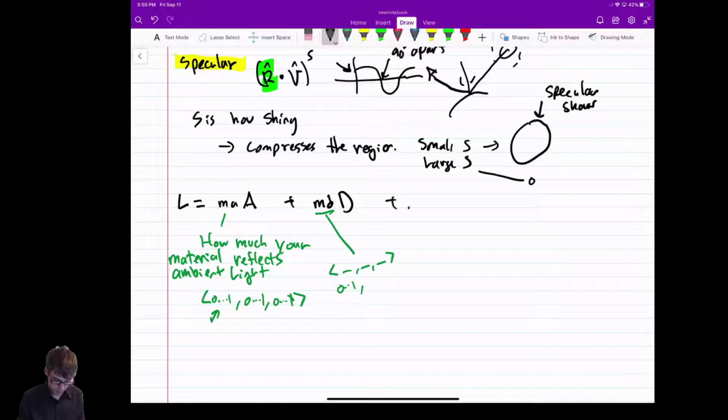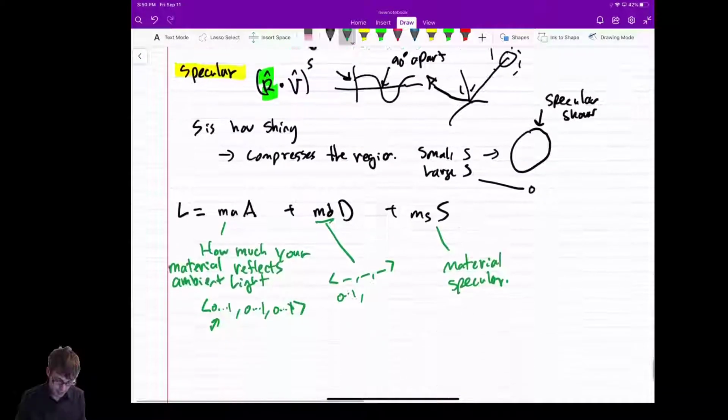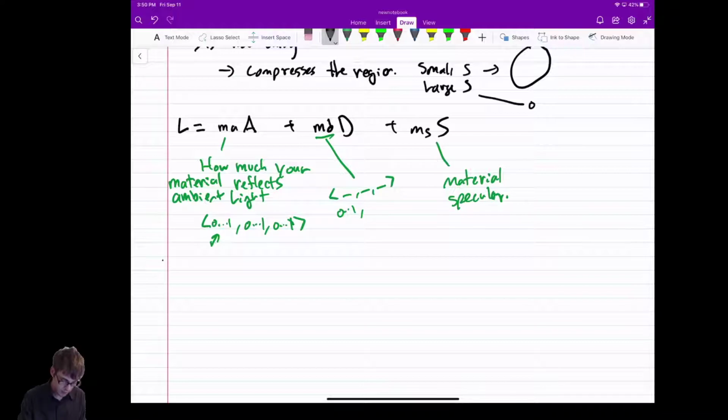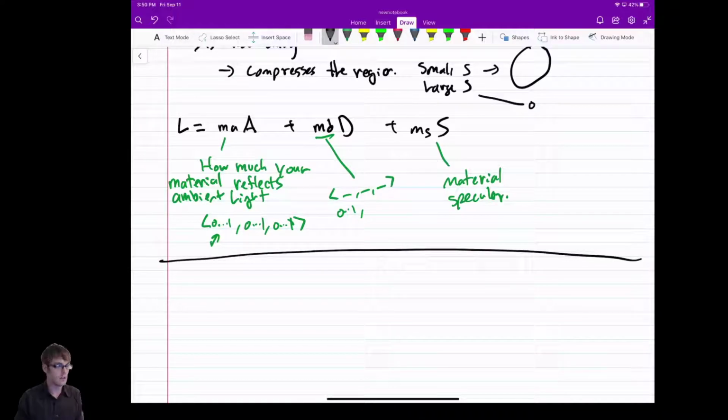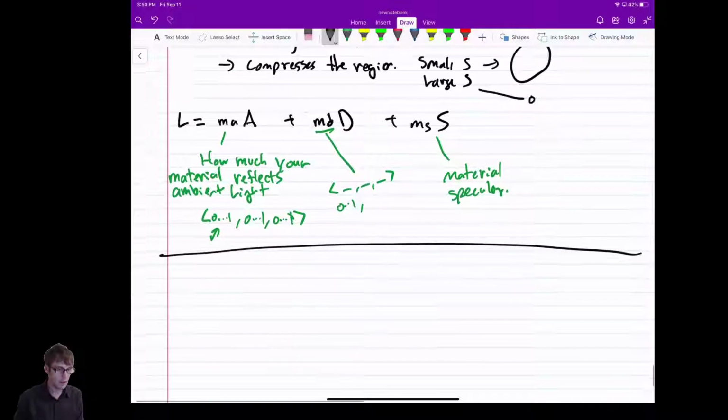And then plus material specular times my specular calculation. Cool. Same thing. That's it. So that's how Phong works. So you use this math, a few dot products, and you can get all those cool results that we showed on the slides.